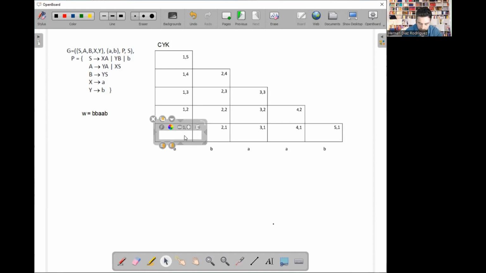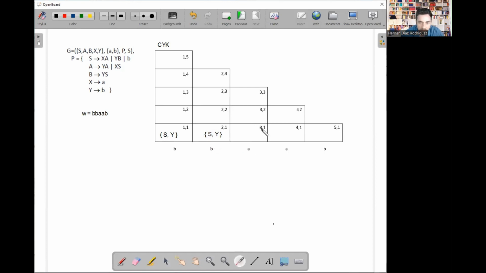So we go here and we can generate this with s and y. In the next cell, we put ourselves in the second character and we take one character, which is lowercase b. And again, the variables that produce lowercase b are the same.